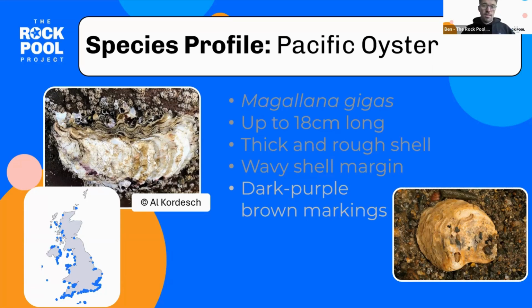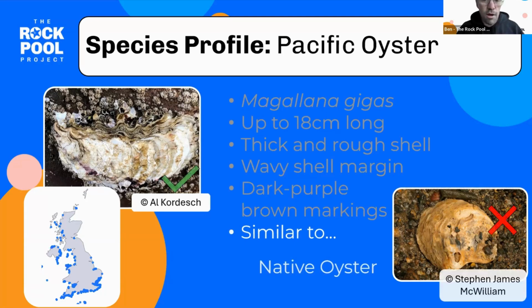And this is the native oyster that we've got down here at the bottom. It's much more flat and more circular. It does have ridges, but they're much weaker. I think we don't often see native oysters in the intertidal zone anyway. From the reading that I've done, you can get them on the low shore, but they must be quite rare there.